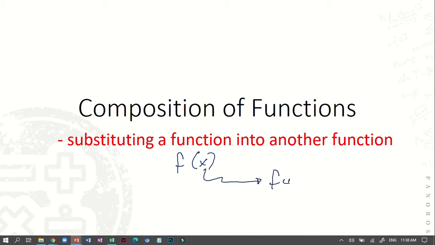Ang ipapalit diyan is a function also, hindi yung certain value lang niya. Ang value niya is represented by another function. So yun ang ibig sabihin ng definition niya. The function will be substituted by another function. So that is composition of functions.